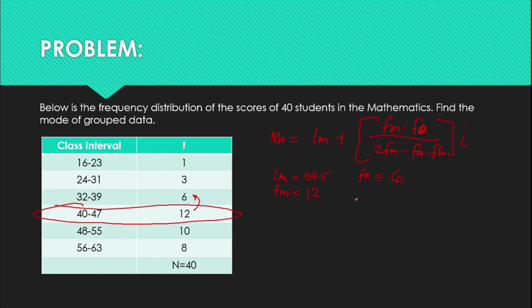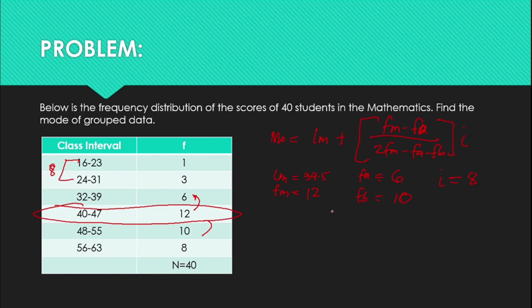And our FB is below the modal class, which is 10. The interval is 24 minus 16, which is 8.